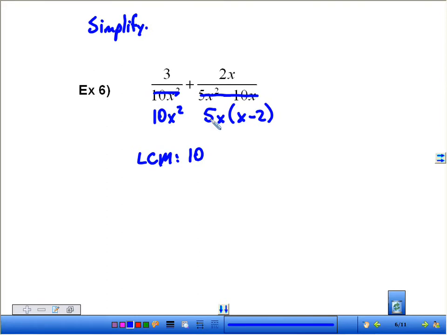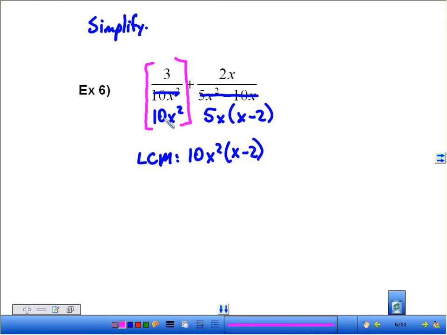We don't need this 5. X squared or x, we need the x squared. And we need this factor, x minus 2. There's our LCM.